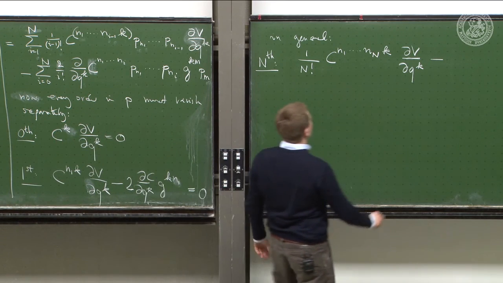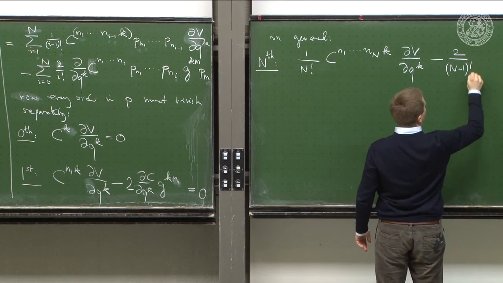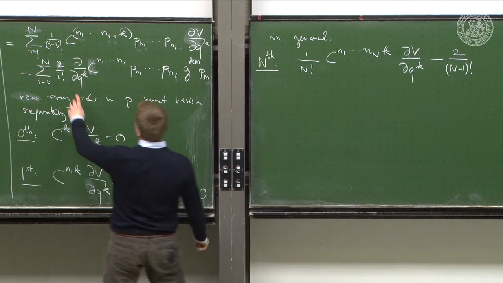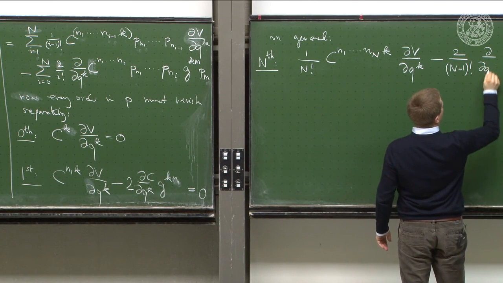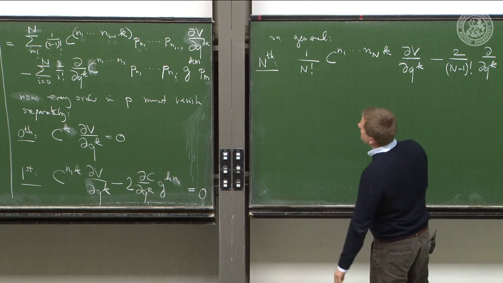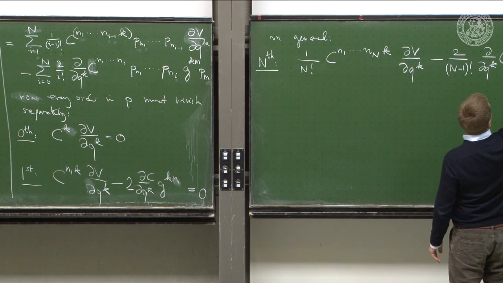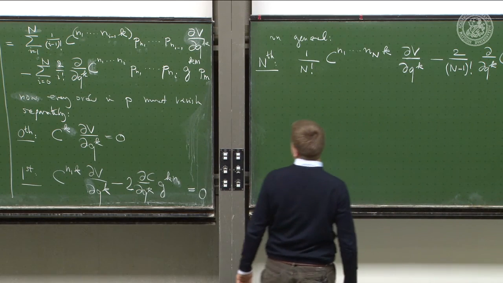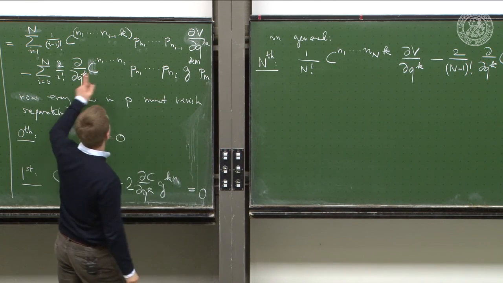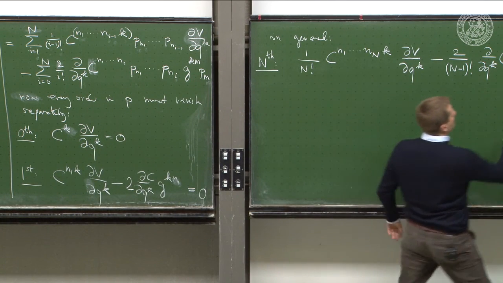So I get 2 over n minus 1 factorial, d by dq^k of the C from n1 up to n minus 1, G^{km}.